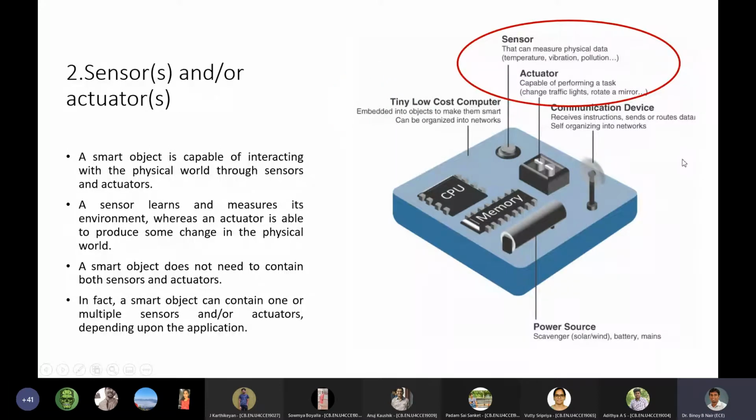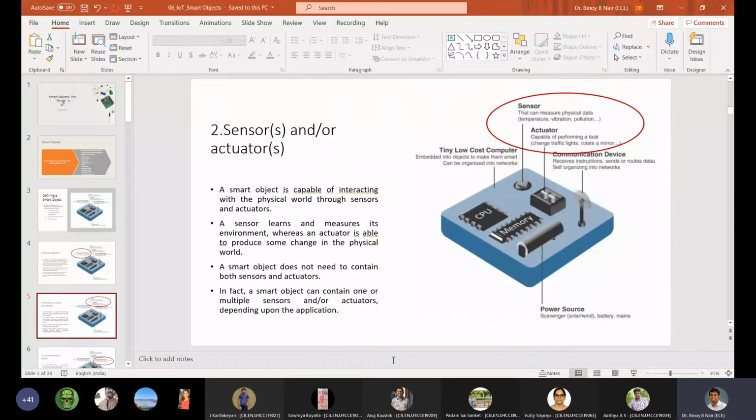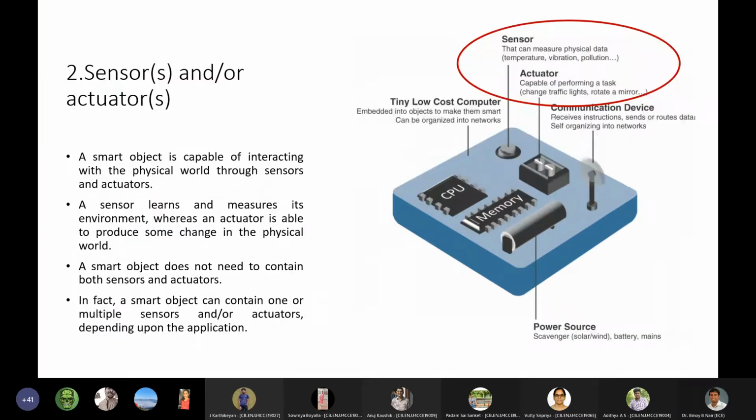This is the sensors and actuators. Okay. So in this, what we have is another part of the IoT node, which will consist of the sensors which you want to use to measure the physical parameter.